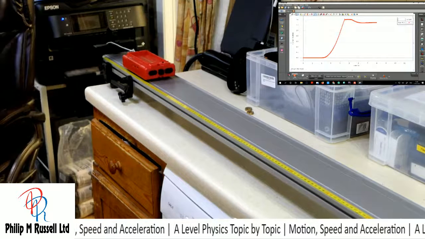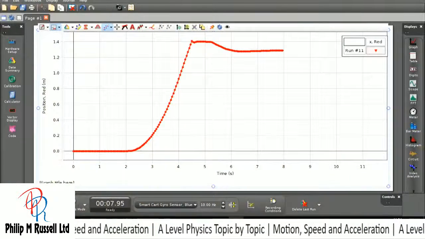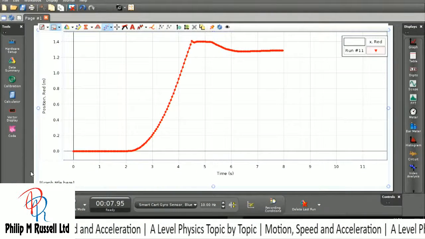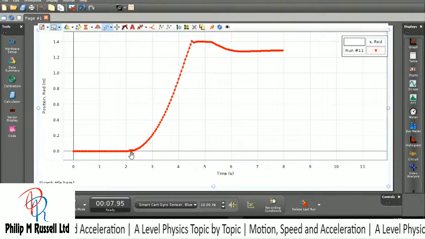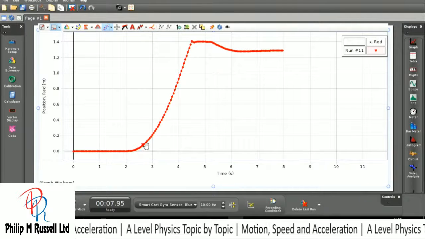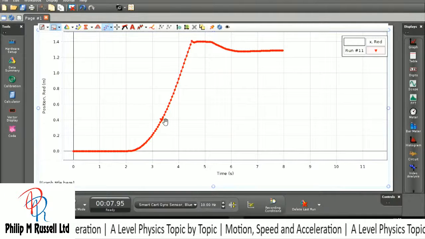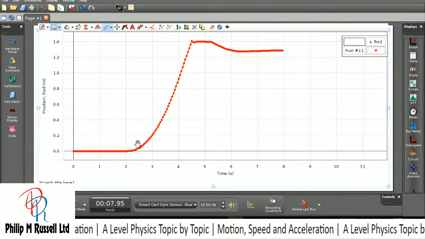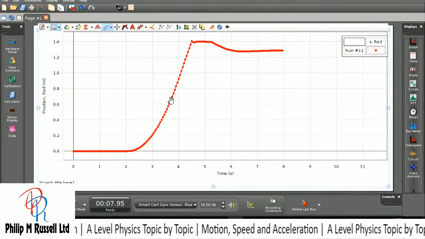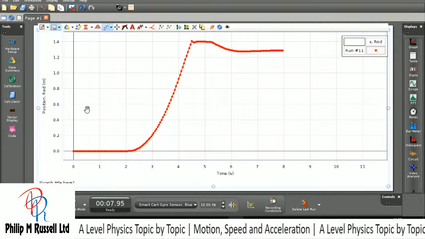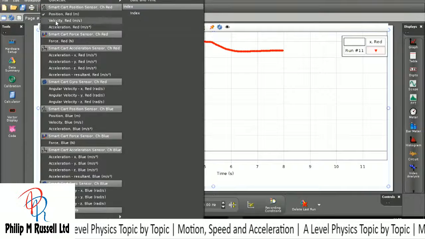And we'll stop. Let's look at this graph in detail. What we've got is it's stationary, then we've got a pull here, and at this point it seems to have more or less stopped accelerating, and we're then on a constant velocity. Let's look at a velocity time graph of this.